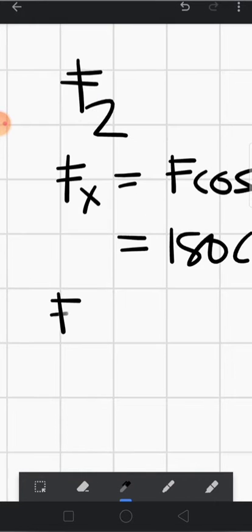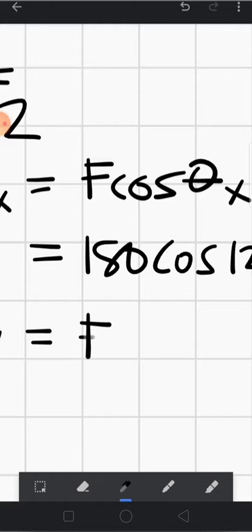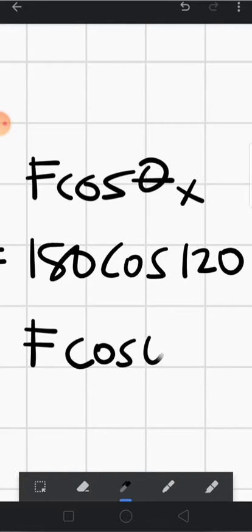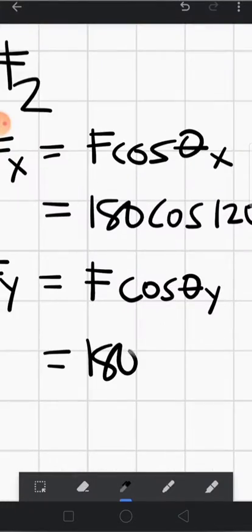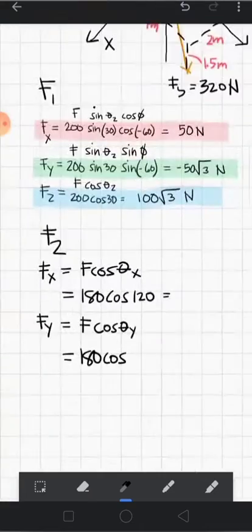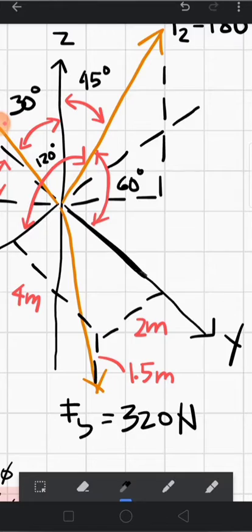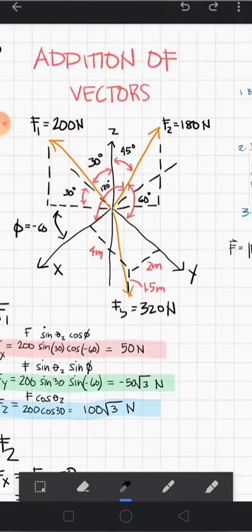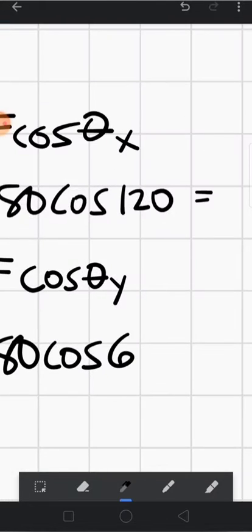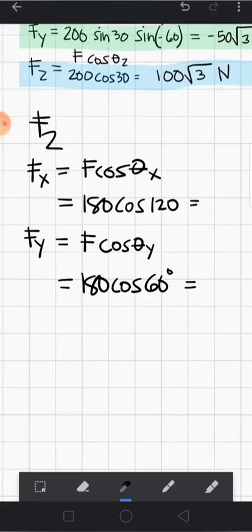And then for Fy, it's just F cos theta y. This is the directional cosine. So cos theta y is the angle from the y-axis to the force. We're given 60 degrees, so just put that 60 degrees. Then get the value.